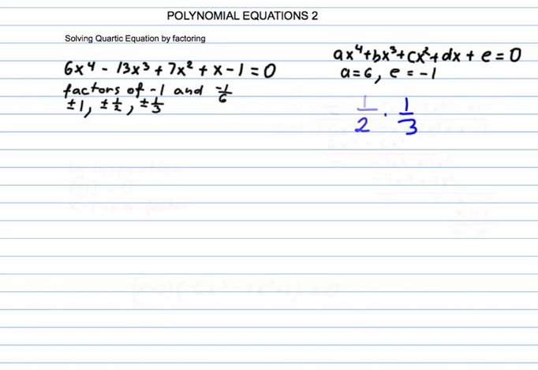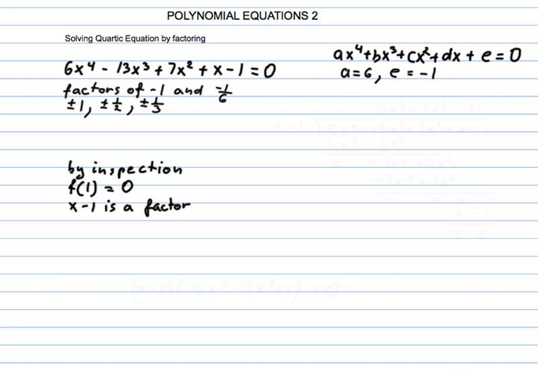Excellent. So the process will repeat. What do I do with this? I have my possible factors. Now I have to find which of those would make it 0. By inspection, you find what value of x makes the polynomial equal to 0, and 1 works.